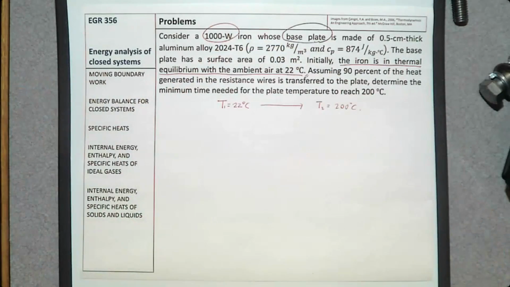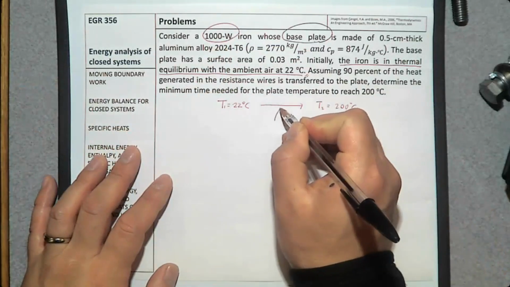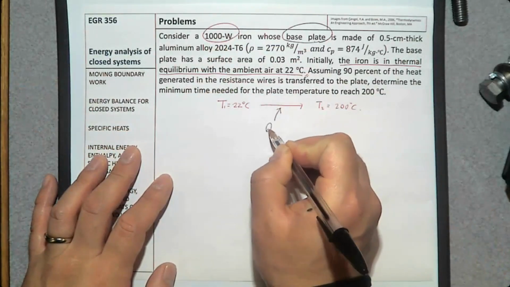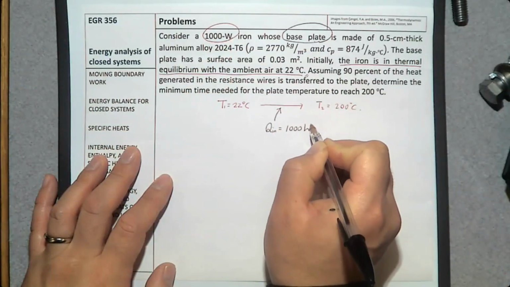So when you use it for 10 seconds, it means that you just consumed 10,000 joule. Then, is that the heat transfer? So there's a heat transfer into the system, Q in, that is 1000 watts.